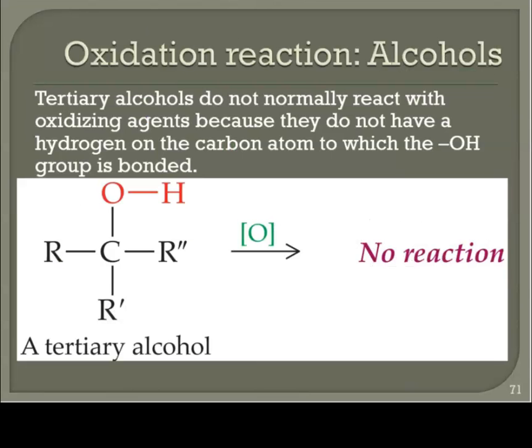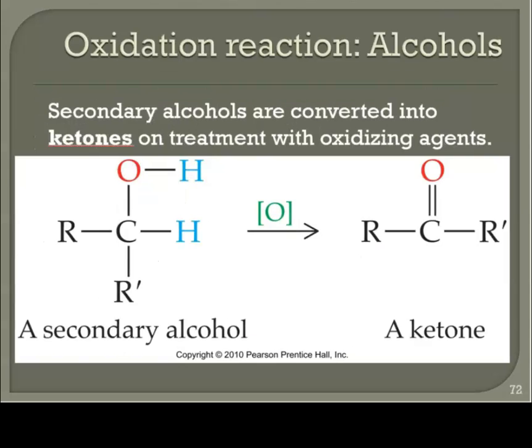So we generally don't have tertiary alcohols reacting with oxidizing agents because they don't have a hydrogen on an adjacent carbon to bond to. And we know that carbon's not going to form 5 bonds. So generally, tertiary alcohols don't oxidize very effectively.